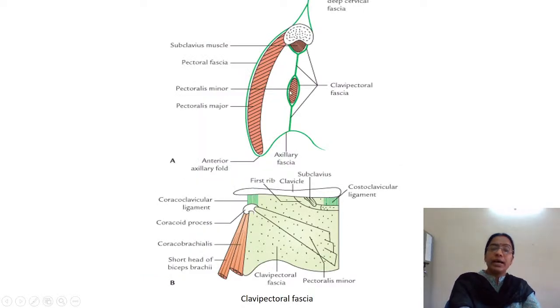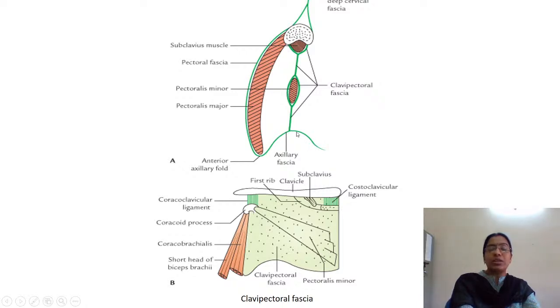When you see the vertical extension of the clavipectoral fascia, which is extending from the clavicle, it consists of two laminae, anterior and posterior. The anterior and posterior laminae enclose the muscle called the subclavius muscle, extend downwards as a single lamina, again split and enclose the pectoralis minor muscle, and converge as the suspensory ligament of the axilla and support the dome of the axilla.